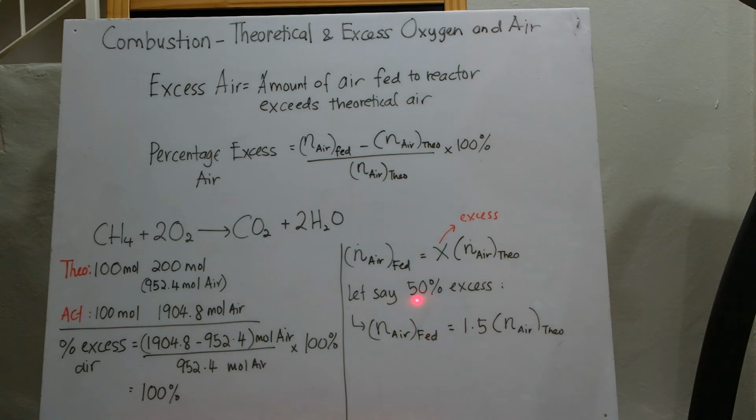For example, if we have 50% excess air, X becomes 1.5: 1 is the original condition, plus 0.5 which comes from the excess. So 1.5 times the amount of theoretical air gives the amount of air fed into the process. This equation is also important for mass balance later.